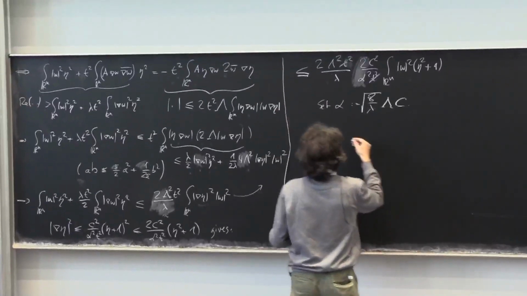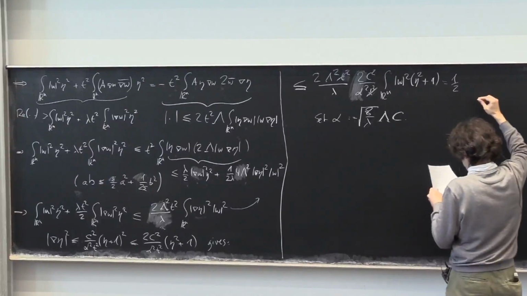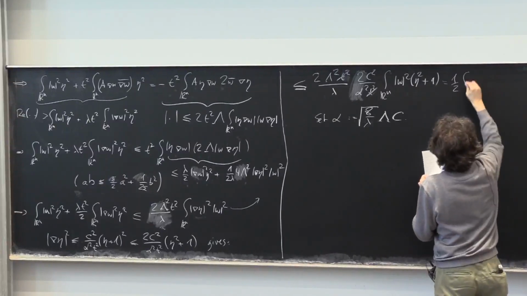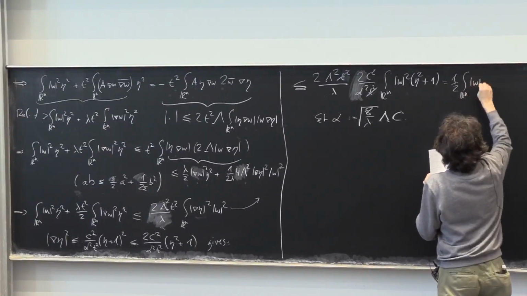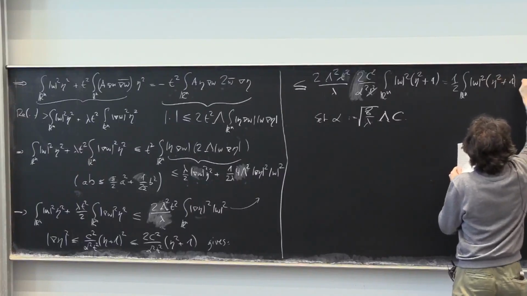So in this case, this is just 1/2 times the integral over R^n of w squared times eta squared plus 1.